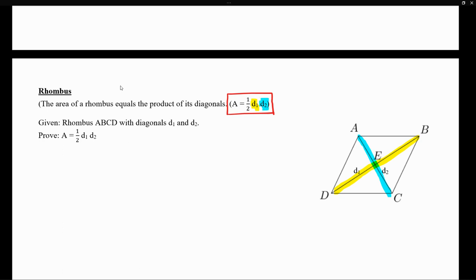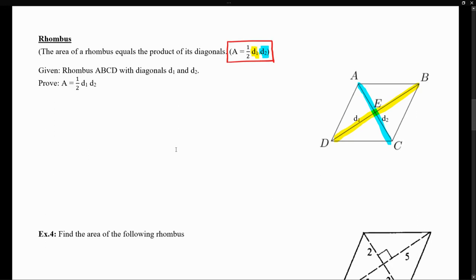So what this is saying is that if you have a rhombus and you know the length of two diagonals, then you definitely know the area of the rhombus, because the area of the rhombus is 1/2 times one diagonal times the second diagonal. But why is it that the area of the rhombus is being defined this way?